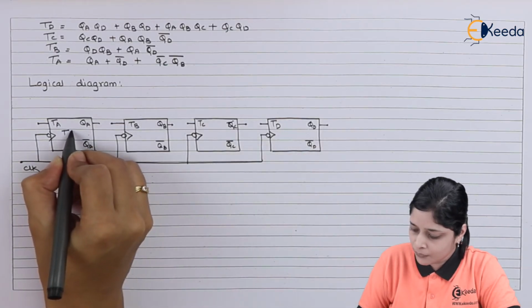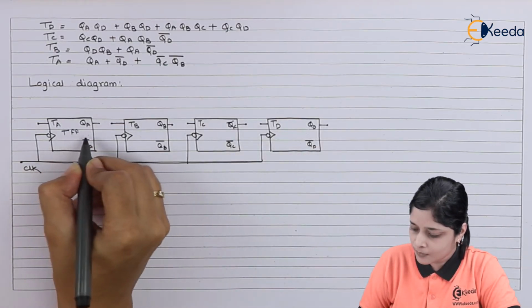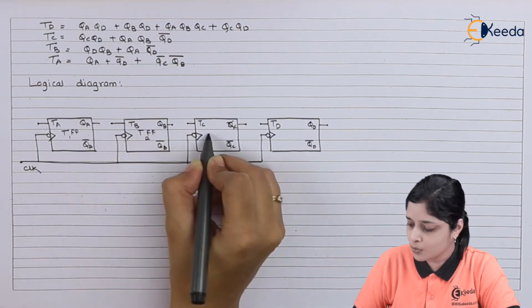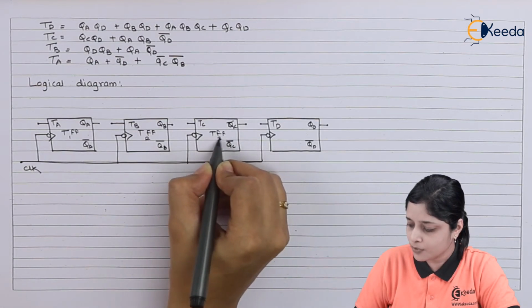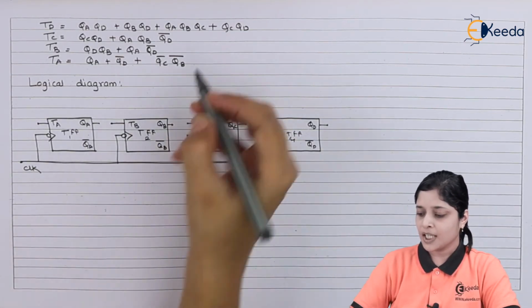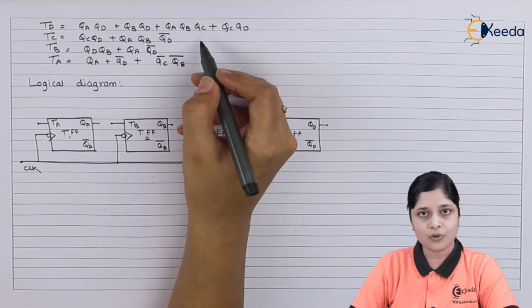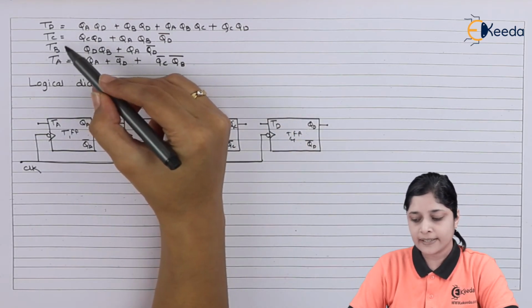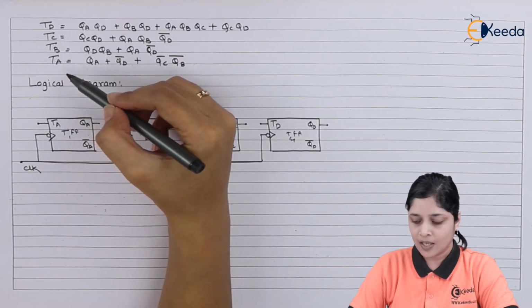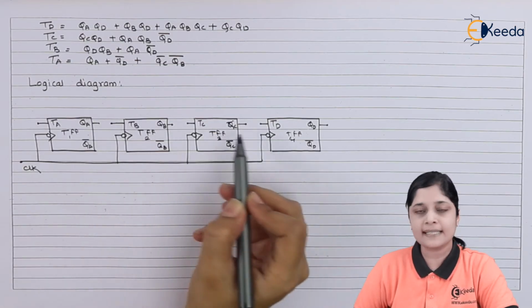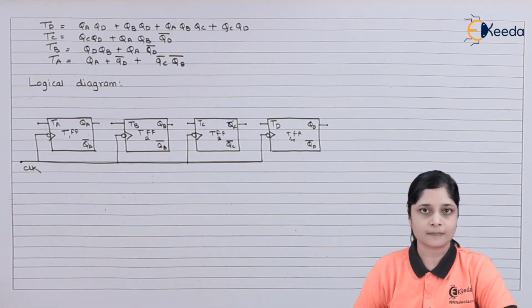This is your T flip-flop, first T flip-flop, T flip-flop 2, T flip-flop 3 and T flip-flop 4. Now separately I am going to draw the logic gates for TD, TC, TB and TA. This you have to apply to each terminal TA, TB, TC and TD.